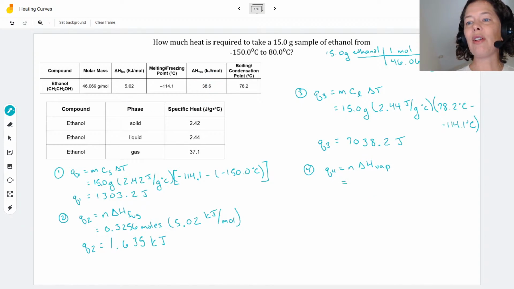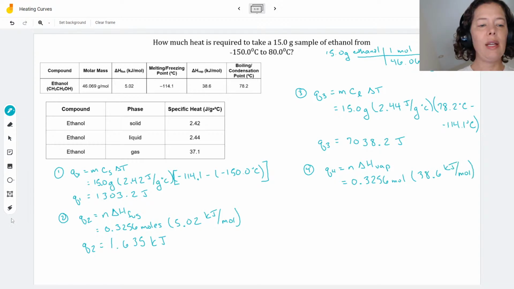Of course, I've already calculated my number of moles up here. 3256 moles, and heat of vaporization is 38.6. Again, this is kilojoules per mole. And like always, I like to make sure that my units cancel, and I'm going to be left with kilojoules.